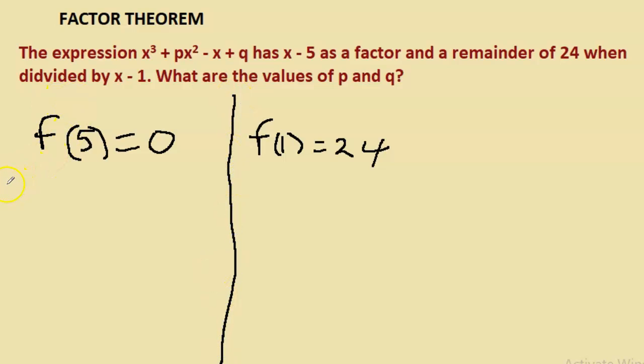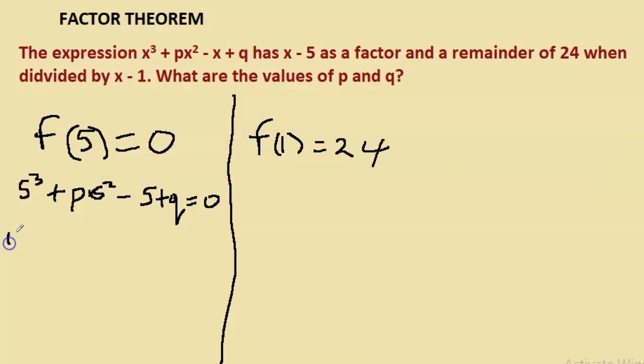Alright, so let's find f of 5. So f of 5 has 5 cubed, which is 125, plus p times 5 squared. Replace the x with 5, right? Minus 5 plus q is equal to 0. Let's calculate this now.